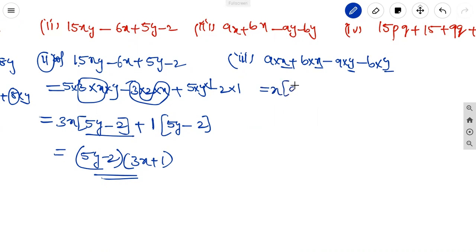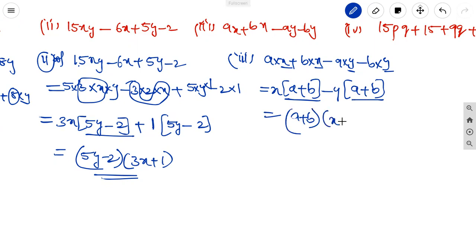Here both have the negative sign, minus and y. So it becomes a plus b, minus y into a, minus ay, minus into plus is minus, so minus by. Next, what is the common factor? a plus b is the common factor. The remaining terms are x minus y. So the factors are (a plus b) into (x minus y).